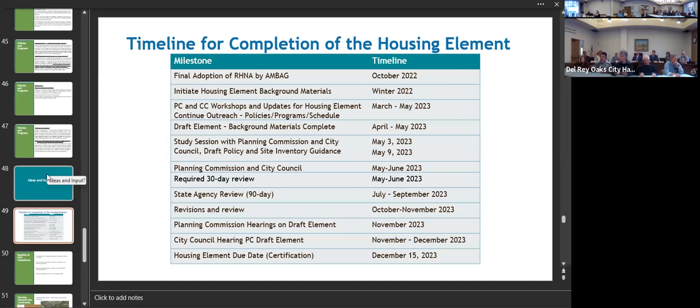And the state is really pushing housing to a huge degree. This is what we're hearing, you probably already know all this. Some of the things that they were saying is that last year, 500,000 people moved out of California. So California is looking for more population, for more income.